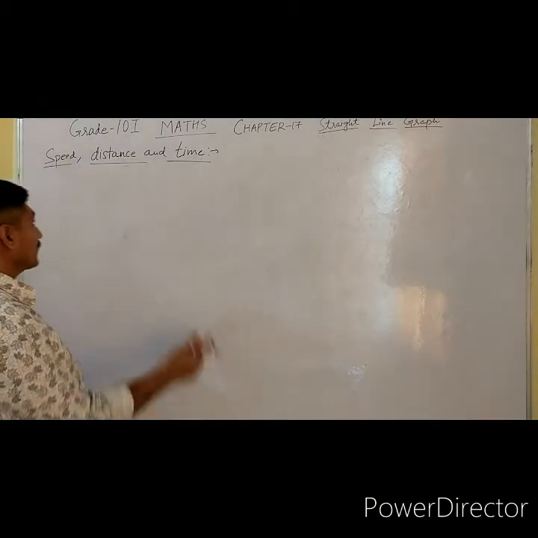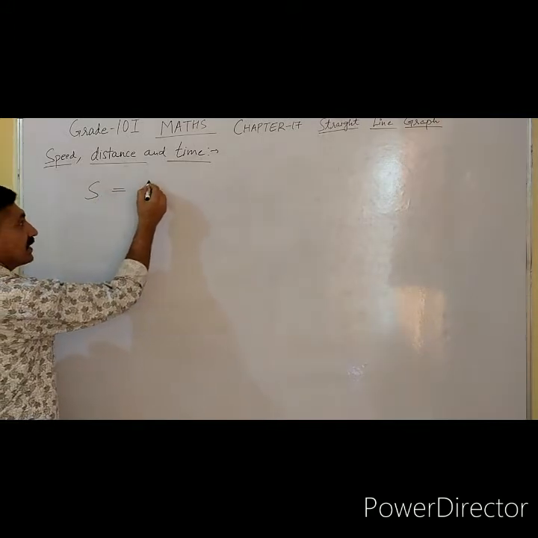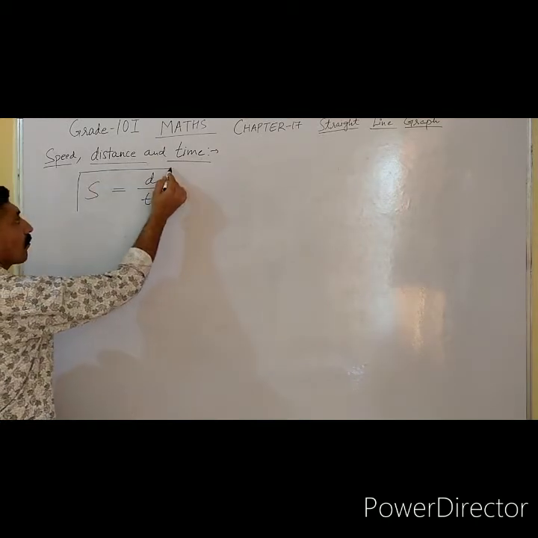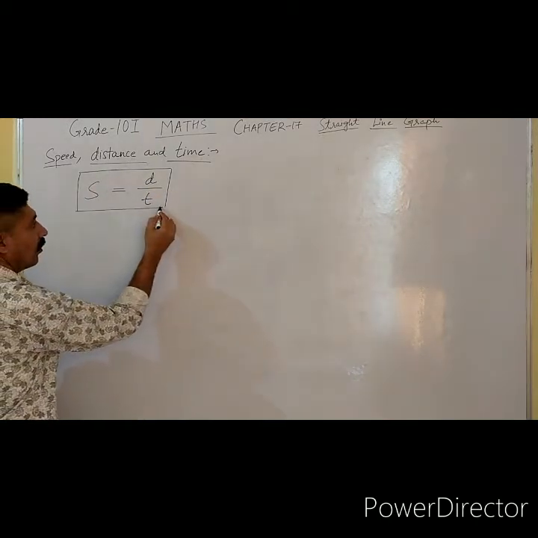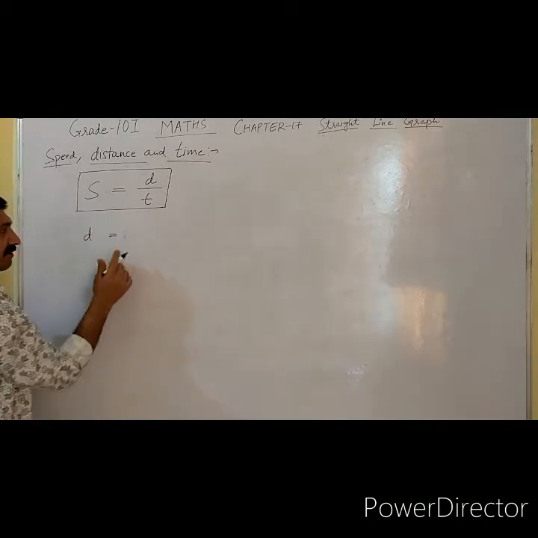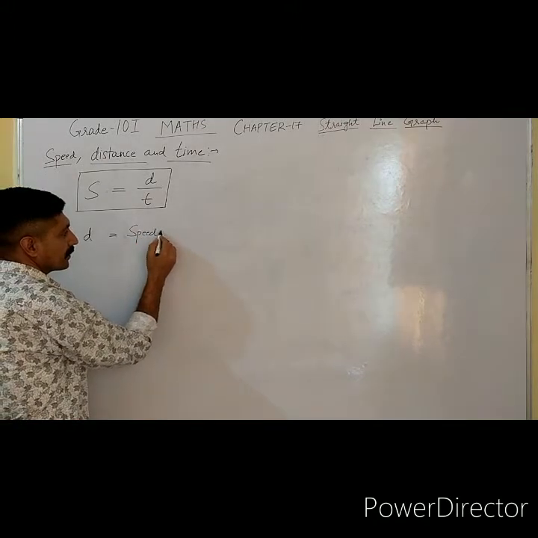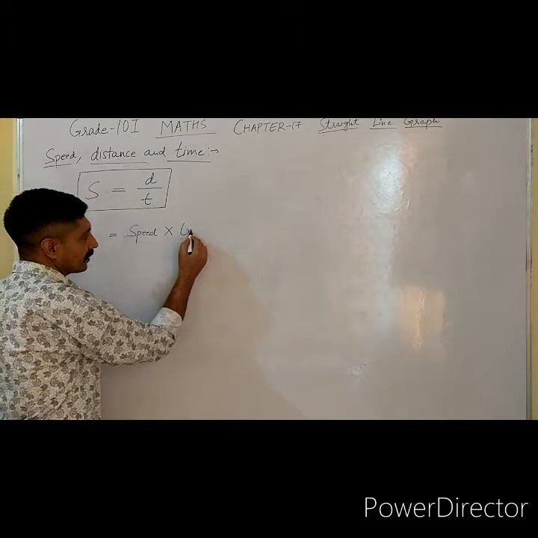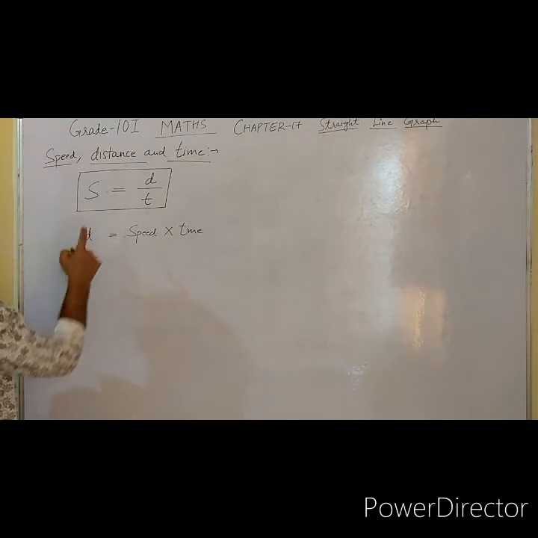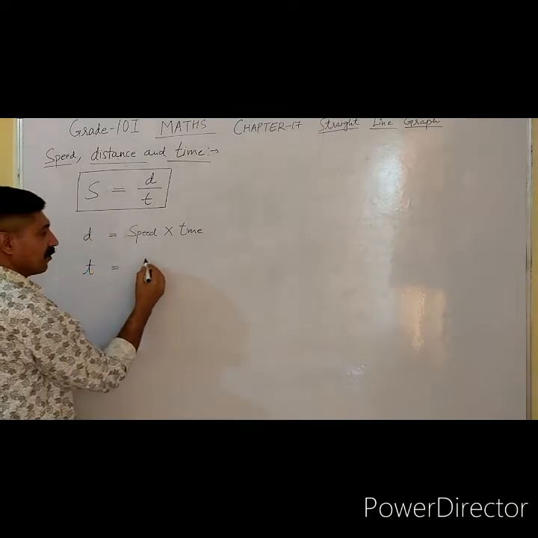As we know, speed is equal to distance upon time. If we want to find the distance, distance traveled is equal to speed into time. If we want to find the time, we cross multiply, and time is equal to distance upon speed.